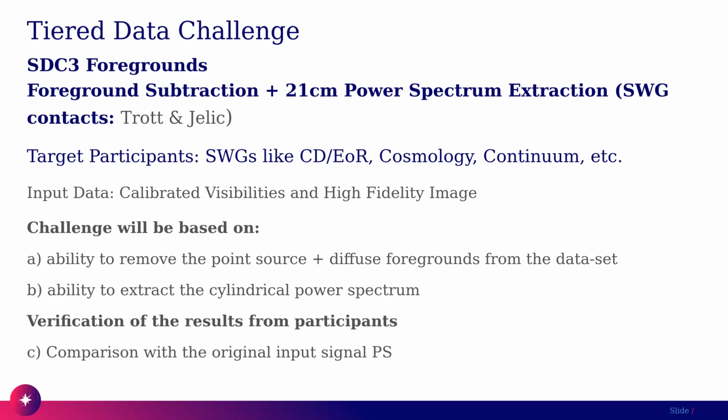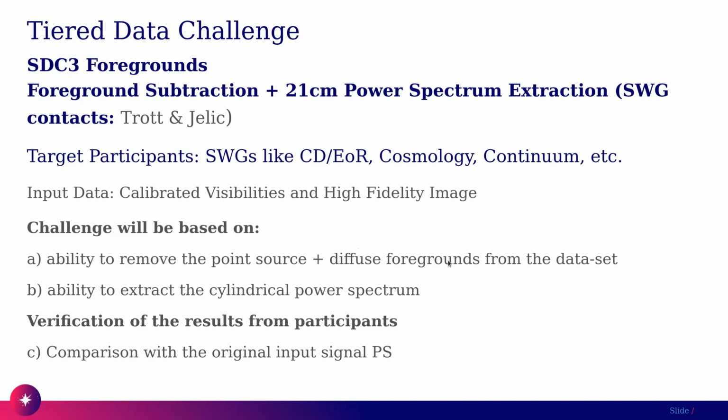As Srijita said, in the data there will be simulated data for the SKA, and there is a lot of corruption due to point sources and different types of foregrounds, for example bright point sources and diffuse foreground.